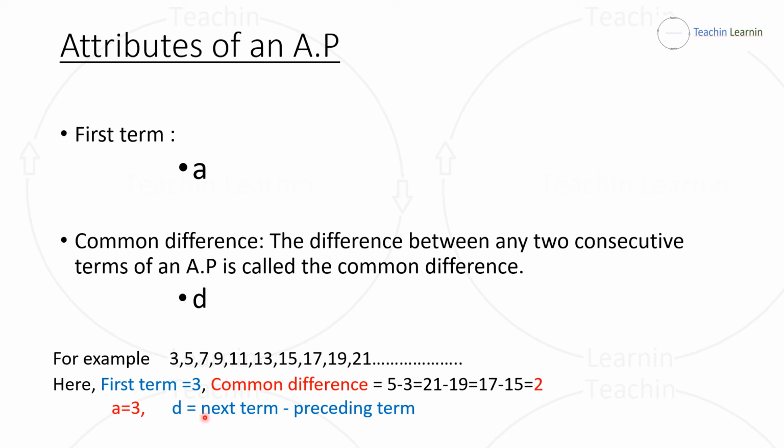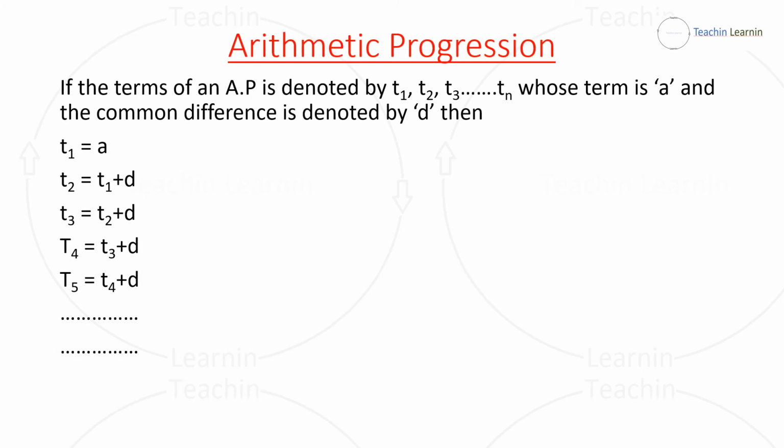So please remember, you can get D by subtracting the preceding term from the next term. So here in this example, you can do 17 minus 15 is equal to 2. You can't do 15 minus 17. Please remember this point.